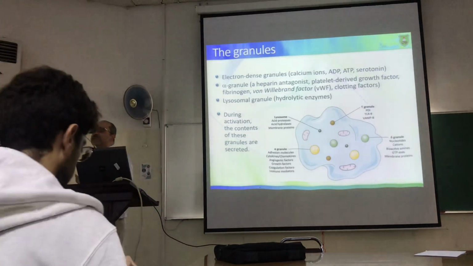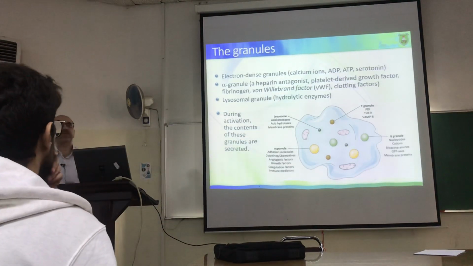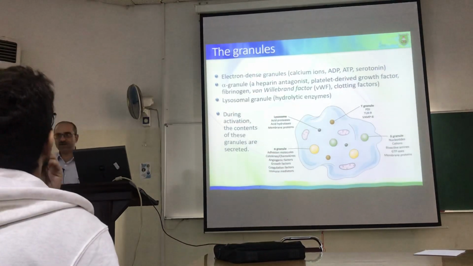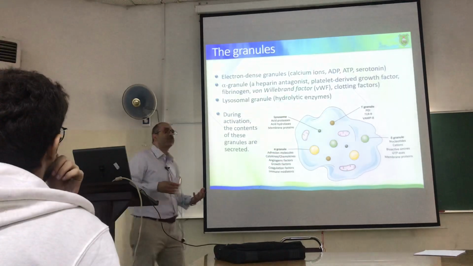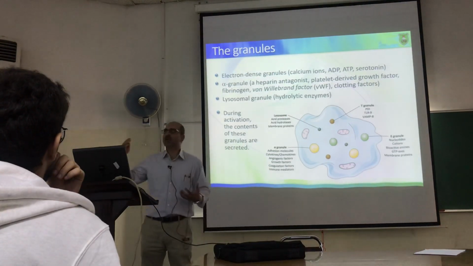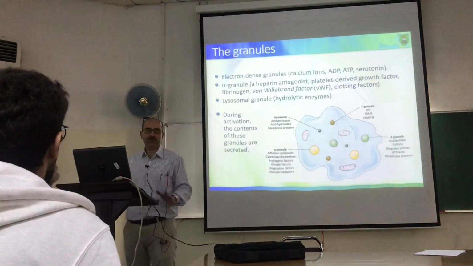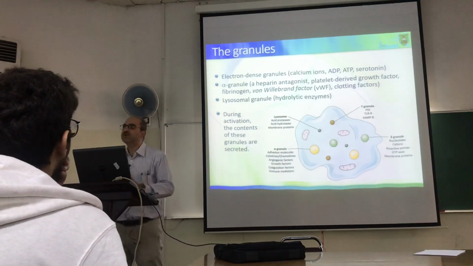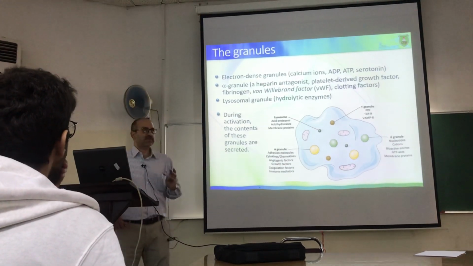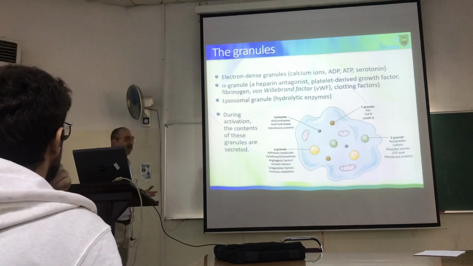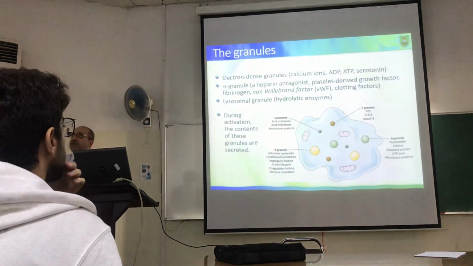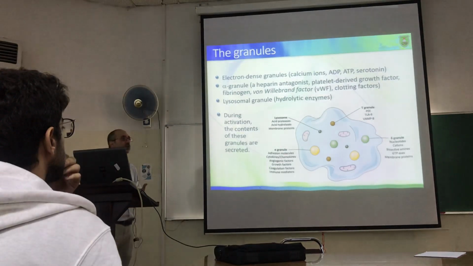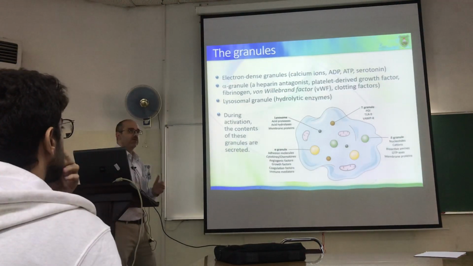Looking into these granules, there are different types of granules. As I've been preparing for this lecture, some talk about 4 different types of granules, others talk about 3. I'm going to stick with 3. So these are the dense, electron-dense granules, and they contain calcium ions, ADP, ATP, serotonin, as well as other molecules.